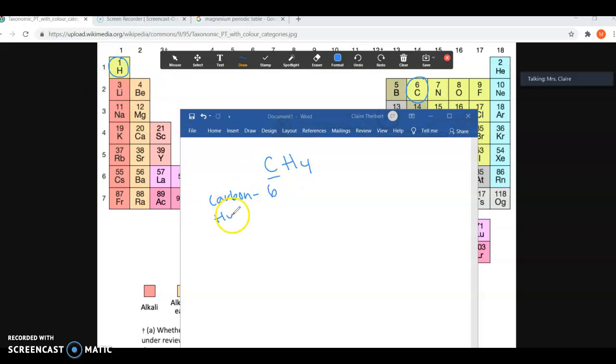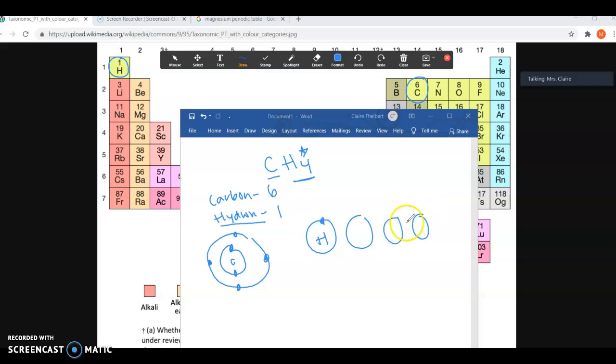But there's 4 of these hydrogen. So first of all, we're going to draw carbon. It has 1, 2. We have to do the next ring, 3, 4, 5, 6. And hydrogen, there's only 1, but we have to do 4 of them. So we're going to do 4 hydrogen. Hydrogen, hydrogen, hydrogen, hydrogen. Okay, so these are going to all hook up to these.